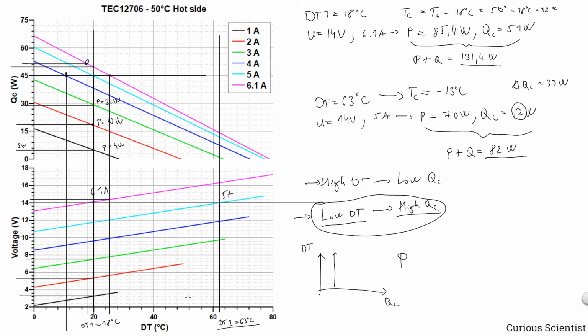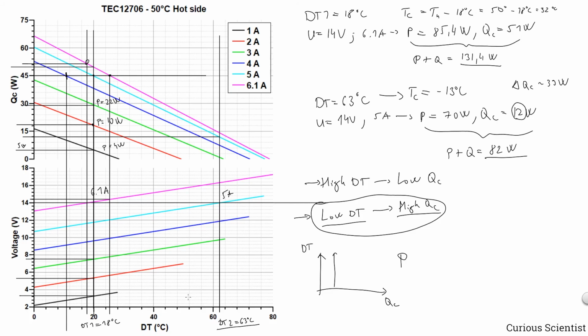So please try to understand that if you want to have a good cooling performance, you will need a lot of power, and you will need a very good cooling of the hot side, because all the power that you pump into the Peltier cooler will be appearing on the hot side of the Peltier cooler. And if you don't remove that, then the Peltier cooler will not work, because you have to maintain the certain differences between the two sides to, let's say, obey these curves defined by the manufacturer.